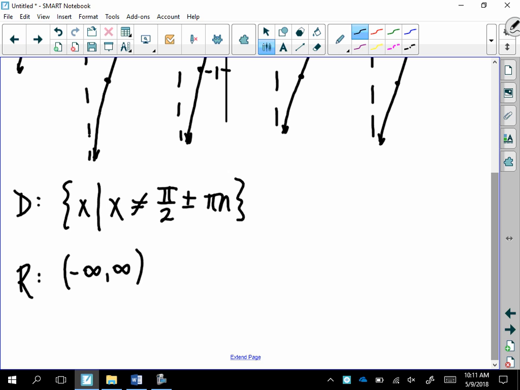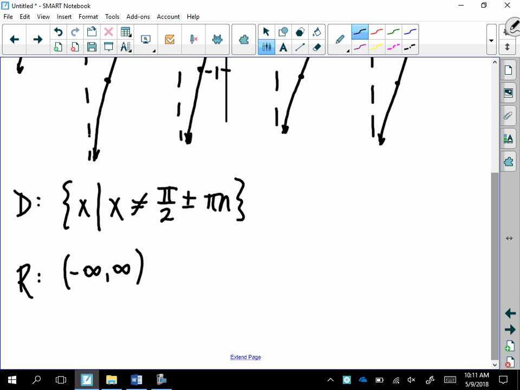Is there any symmetry? Origin. Yes, origin symmetry. Good. Which means it is odd. Is it 1 to 1? No, because just like sine and cosine, it's periodic, so it repeats itself over and over again.